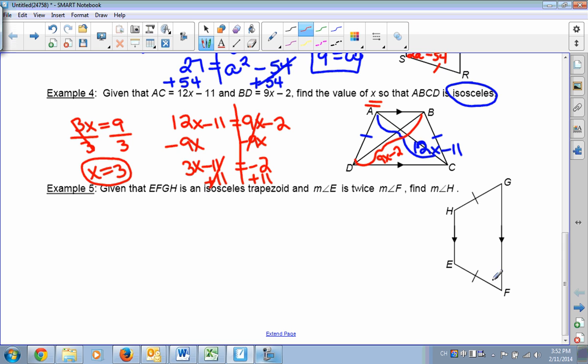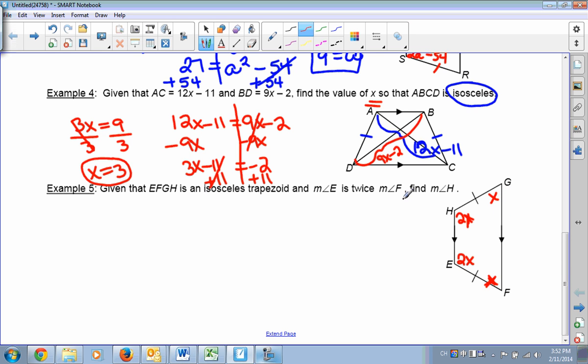Which ones are x? F. Because E is twice what F is. So E is 2x. Very good. Because it's an isosceles trapezoid, H is also 2x because they're base angles. And G is x. Good.